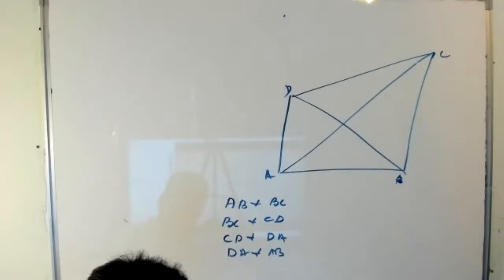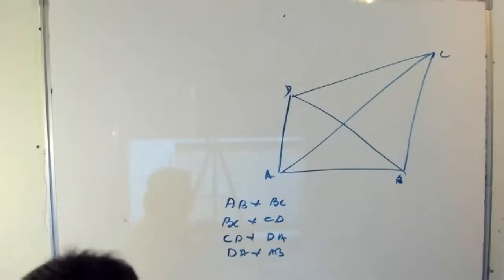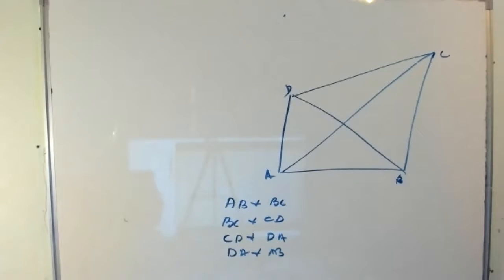AB and CD, BC and DA are opposite sides.